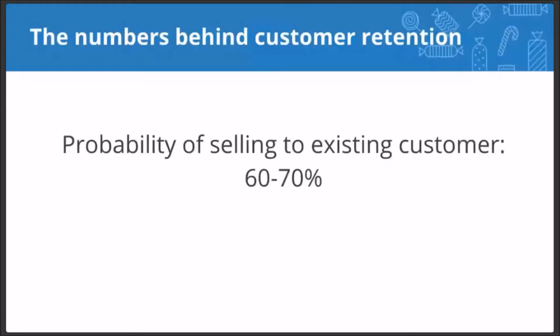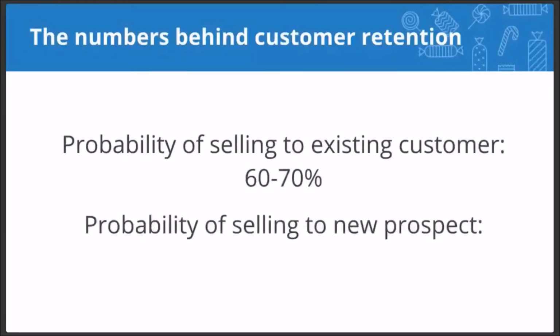At the same time, the probability of selling to a new prospect is about 5 to 20%. I think a more realistic one would be between 5 and 10. Look at your last email campaign or your last sales team's performance, and you would see that from all the prospects that you initially targeted, you probably sold just about 5 or 10% of those. You can see the difference is almost 3 times more likely.